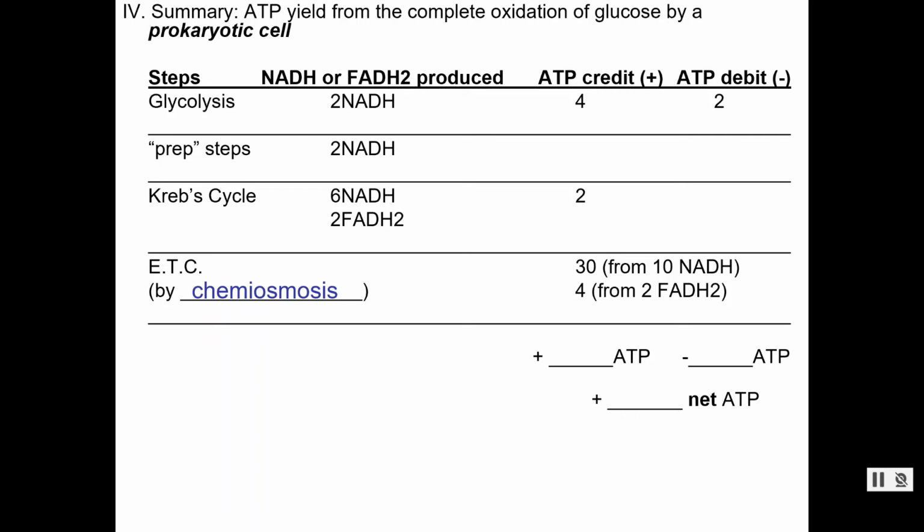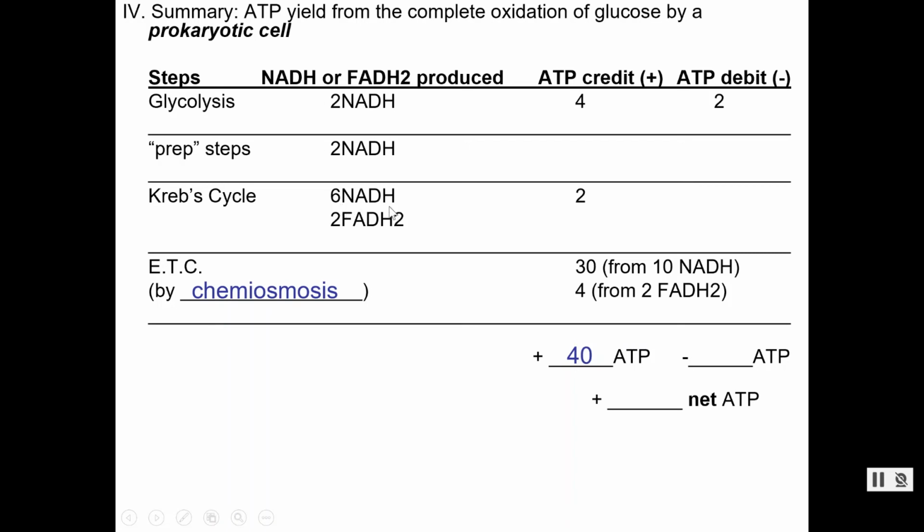I should have showed you at that time. There were 4 times that oxidation reduction occurred. 3 times they made NADH. 1 time we made FADH2. But you remember we have to put a big 2 in front of everything. So per molecule of glucose, which is what they're asking for here, we made 6 NADHs and 2 FADH2.